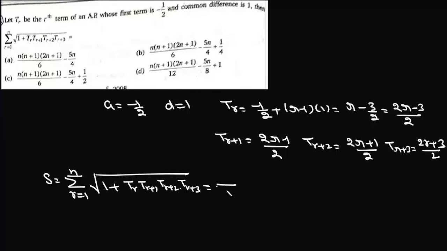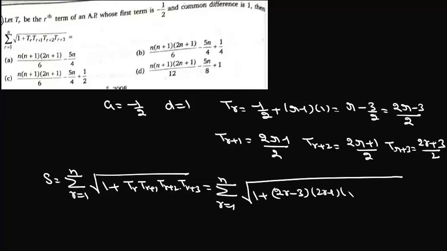That will be this summation r varies from 1 to n, and this is under root of 1 plus (2r minus 3) into (2r minus 1), (2r plus 1), (2r plus 3) upon 16.